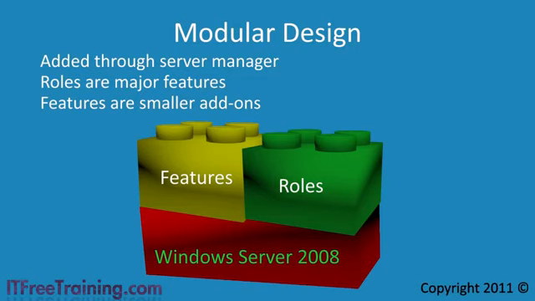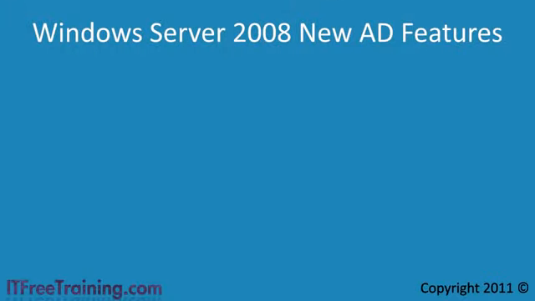Some of these roles and features in Windows Server 2008 were available in Windows Server 2003 as downloads from Microsoft. In Windows Server 2008, these have been integrated into Windows Server 2008 and you no longer need to download them. The modular nature of Windows Server 2008 makes it very easy to customize your server and change it when your needs change. Let's start by looking at some of the new features in Windows Server 2008, followed by R2, and finishing with the features that are in Service Pack 1.